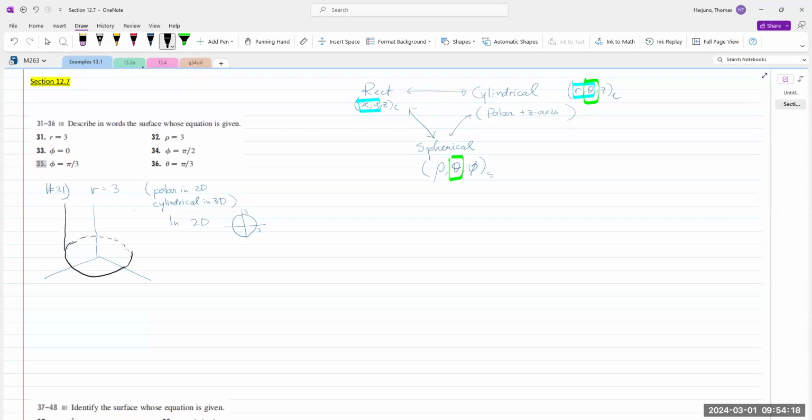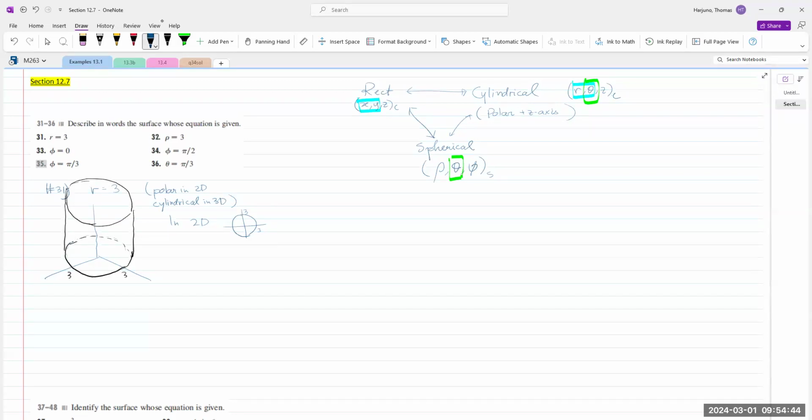If we copy it that way, then we will see it's actually a circular cylinder with axis on the z-axis with radius 3. Of course it doesn't just go up above the xy plane, it also goes below the xy plane. Now that's for number 31.